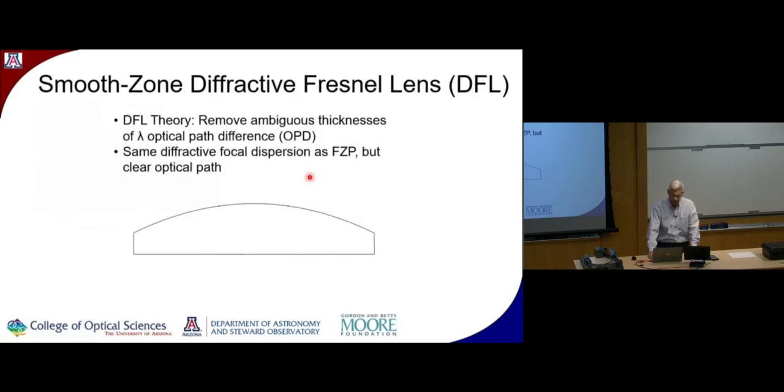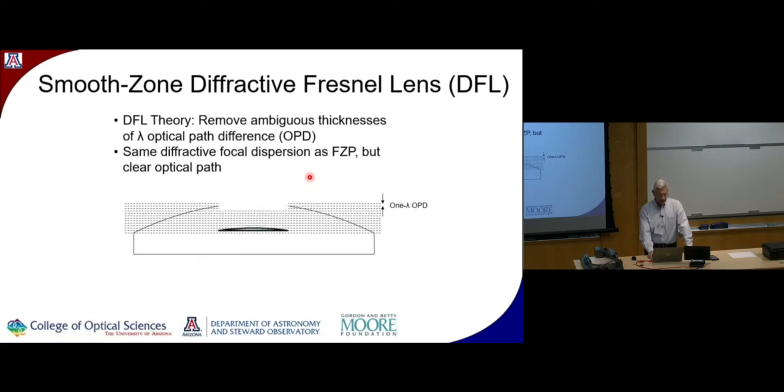One of the things I wanted to say is that we can actually improve that transmission efficiency. Instead of blocking some of those zones, we can make what's called a smooth zone diffractive Fresnel lens that has the same diffractive property, only it's a lot more efficient and all the light gets into that first order focus. The way we do that is to think about taking a lens of the equivalent focal length, a simple convex plano lens, and take out of that lens annular sections of one optical path, one wavelength of optical path difference.